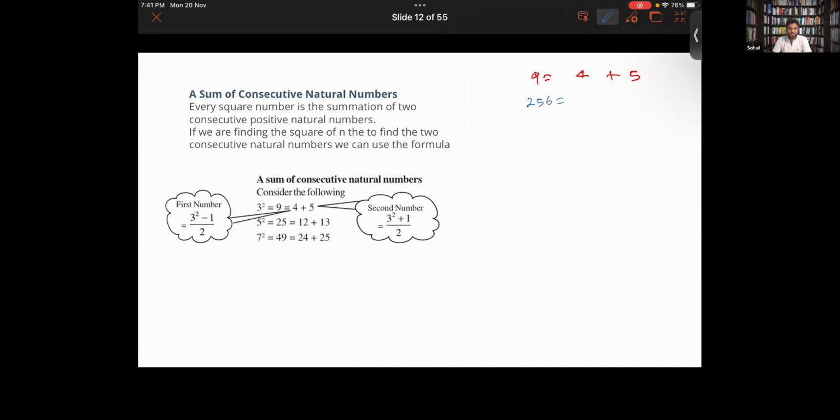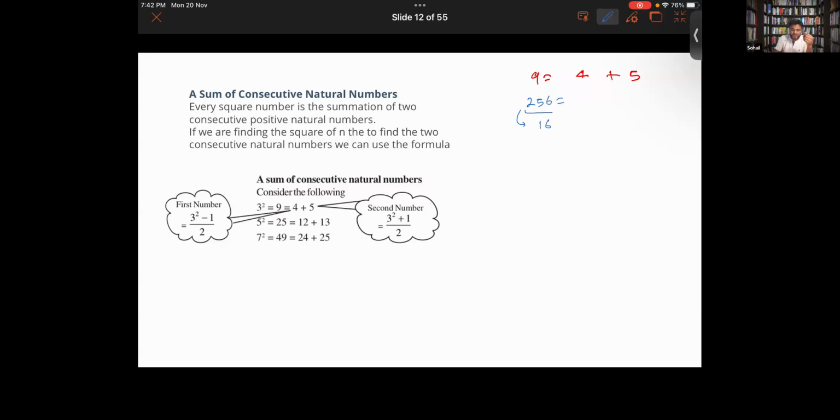Since 256 is the square of 16, we take 16 squared, minus 1, and then divide by 2. So we get the first number which we have to add. Then we do the same, but with plus 1. We have to write it as the summation of two consecutive positive natural numbers.